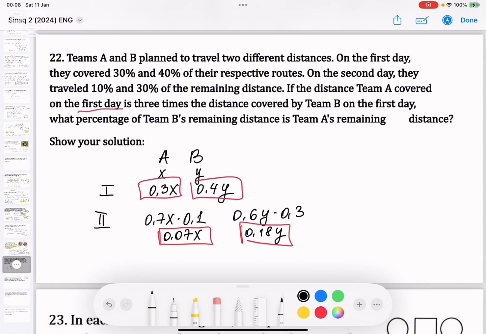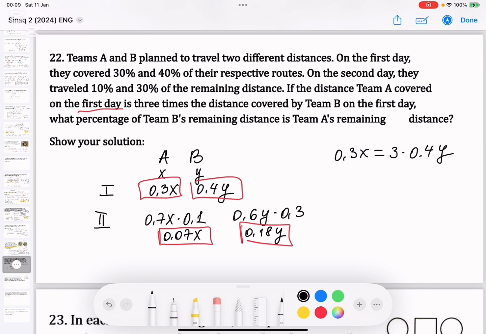Then, if the distance Team A covered on the first day is 3 times the distance covered by Team B on the first day, what percentage of Team B's remaining distance is Team A's remaining distance? So basically, 0.3x is 3 times the distance covered by Team B, so 3 times 0.4y.